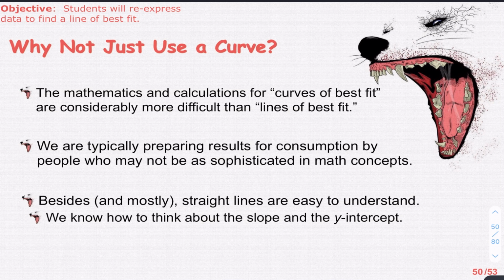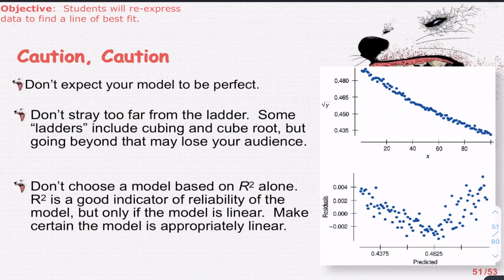We are typically preparing results for consumption by people who may not be as sophisticated in these types of math concepts. Besides, mostly, straight lines are easy to understand. We know how to think about slope and y-intercept. It's been ingrained in you since like 7th grade. The majority of people understand lines. So we go with lines as opposed to these curvilinear functions.